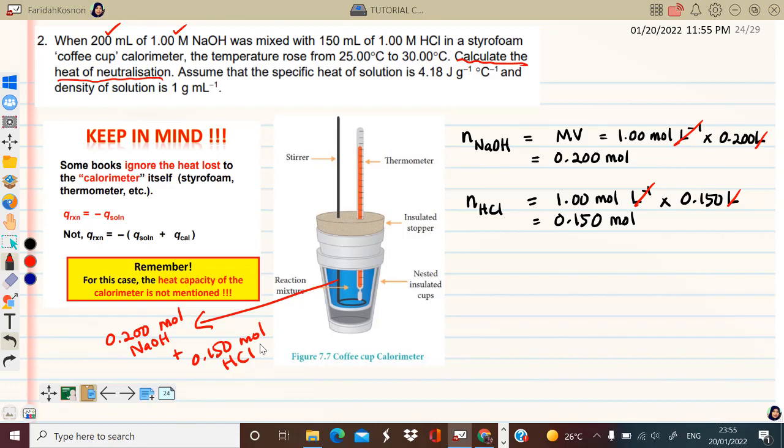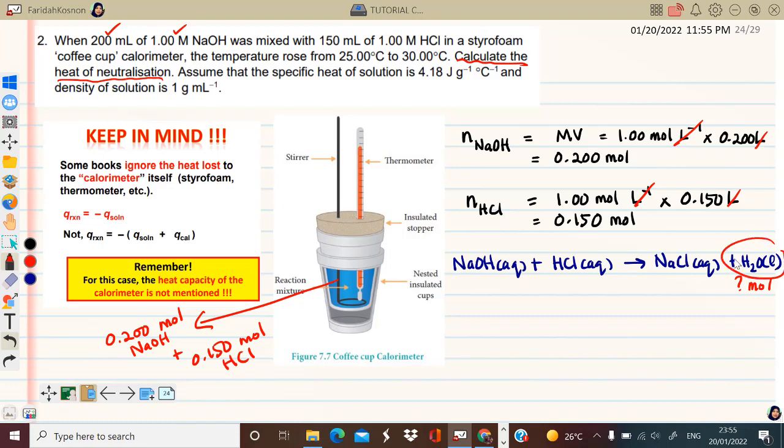Okay, jadi ni sekarang saya tuliskan dulu chemical equation. You wajib tulis. So we have 1 mole of sodium hydroxide including phases aqueous plus 1 mole of hydrochloric acid. Okay, kalau kita balancekan semua 1 mole lah. So produces 1 mole of sodium chloride and 1 mole of water liquid. Okay. Jadinya sekarang yang penting adalah from the chemical reaction that occurs in the calorimeter, how many mole of water is formed.